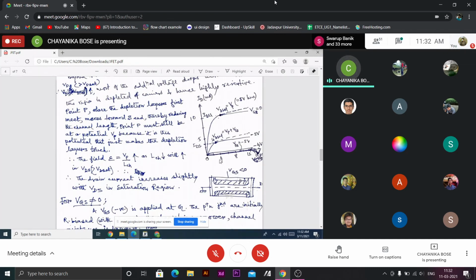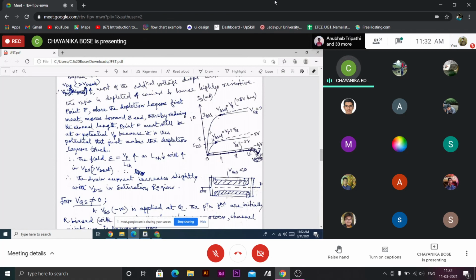So in the overall characteristic, we are getting two interesting regions. One is the linear region, for small values of drain voltage. In this linear region, drain current increases linearly. So in this region, call it the linear region of the IV characteristic, the device behaves as a resistor.